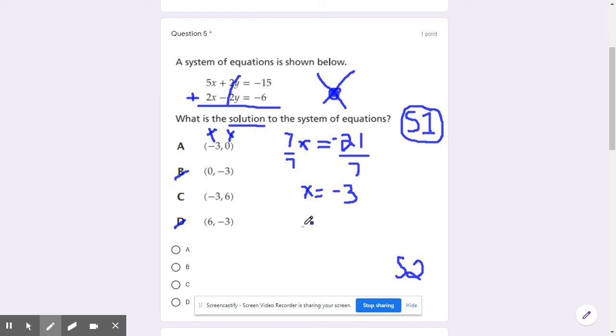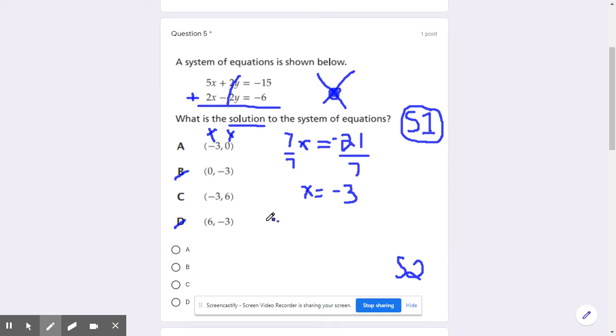Hint number 3, since we know what the x value is, we now need to find the y value. To do that, you can now take one of the equations. I'm going to take the top one, which is 5x plus 2y is equal to negative 15. And I'm going to change the x with negative 3.